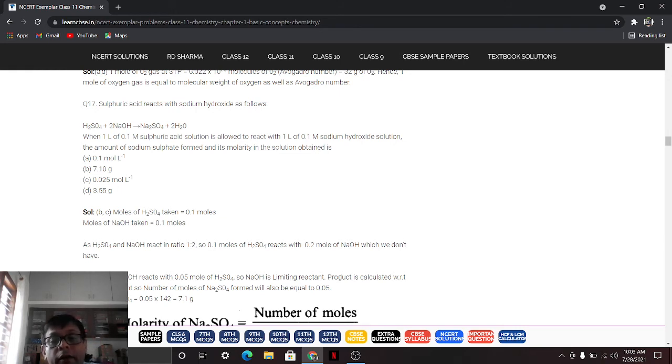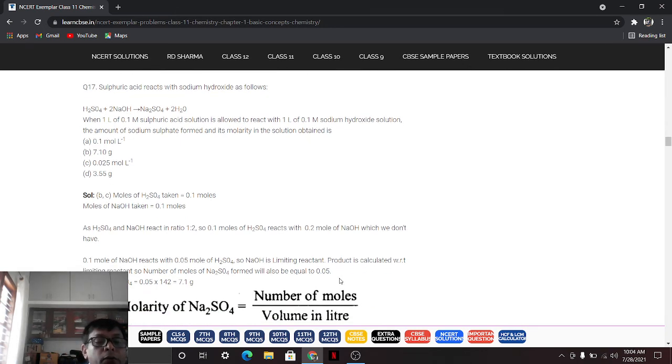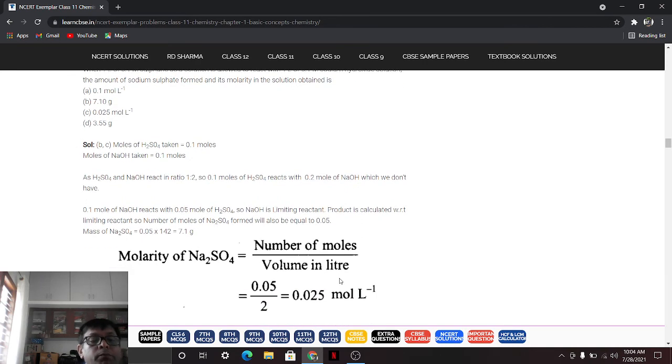Product is calculated with respect to the limiting reagent. So the number of moles of sodium sulfate formed will also be equal to 0.05. Mass of sodium sulfate is equal to 0.05 into 142, that is equal to 7.1.